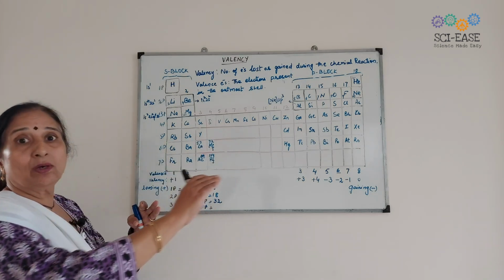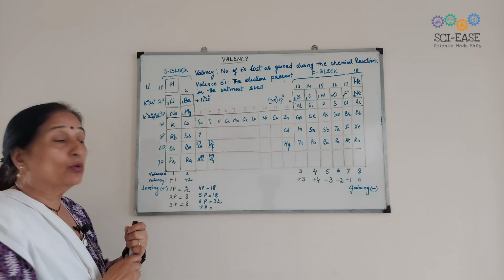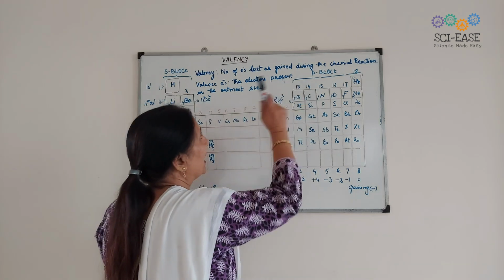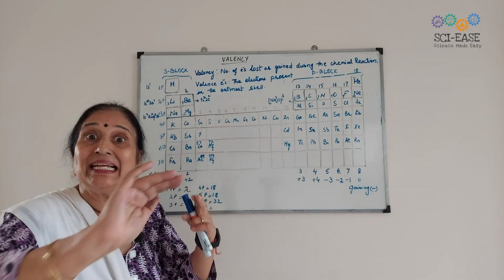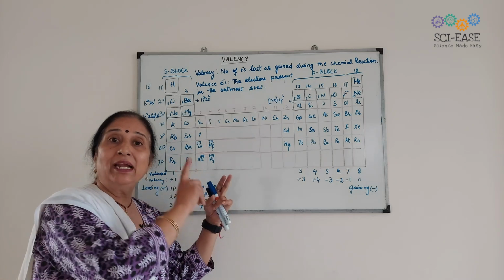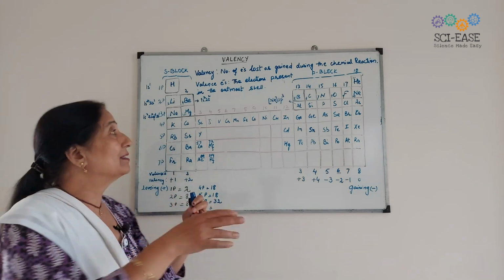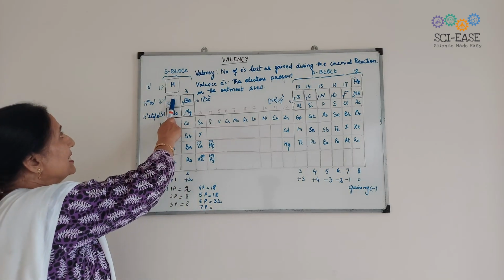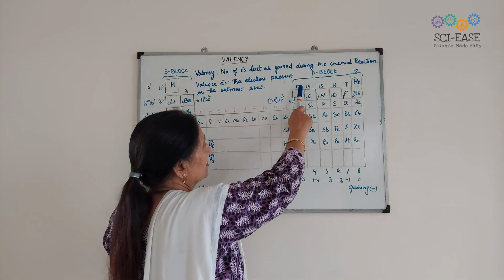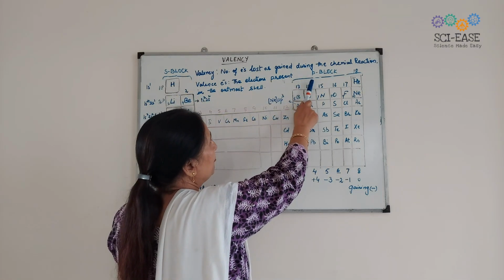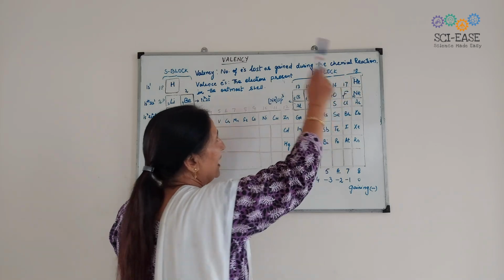Okay, so what is the trend in the valence electrons when we go from left to right? The number of valence electrons increases as we move from left to right in a period. See, it has 1, 2, then valence electrons 3, 4, 5, 6, 7, 8.